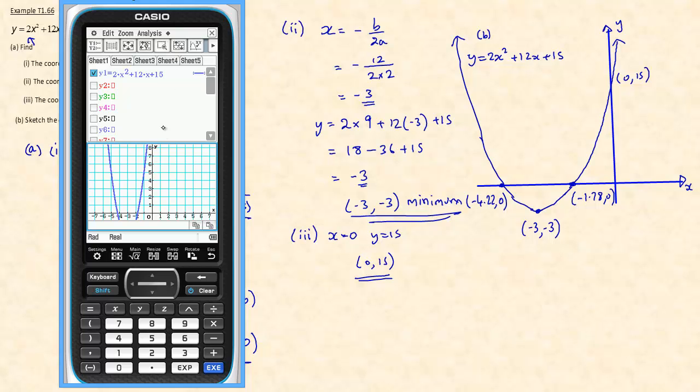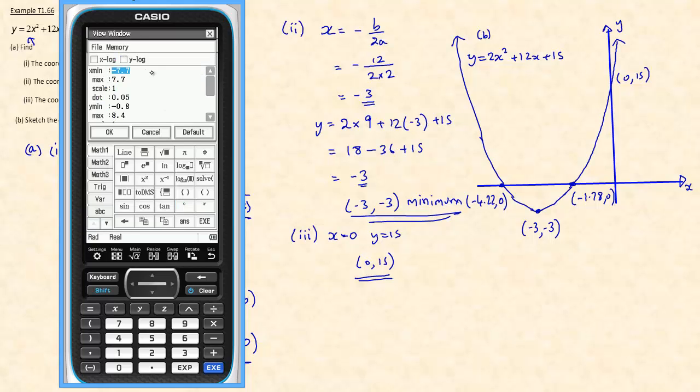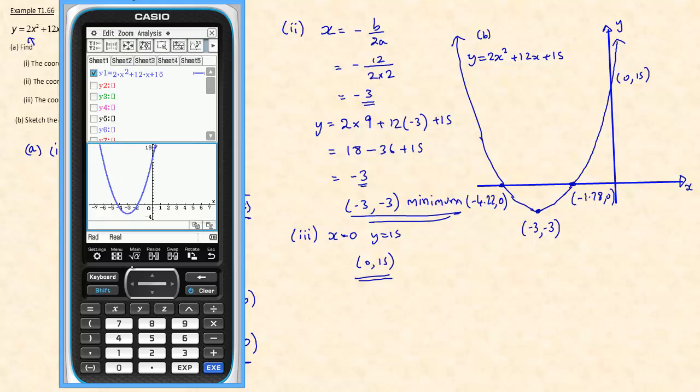We haven't got the full view of it, so let's take the y's down a little bit more, maybe go to negative 5 or something, and the maximum, let's make that 20, and here we have a good picture of what we have over here.